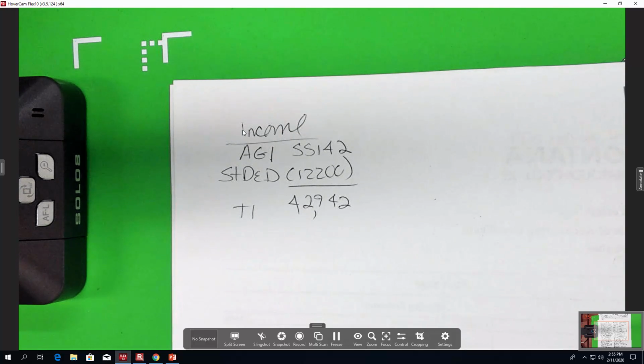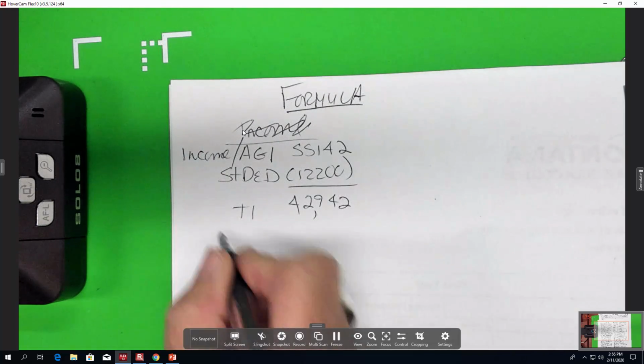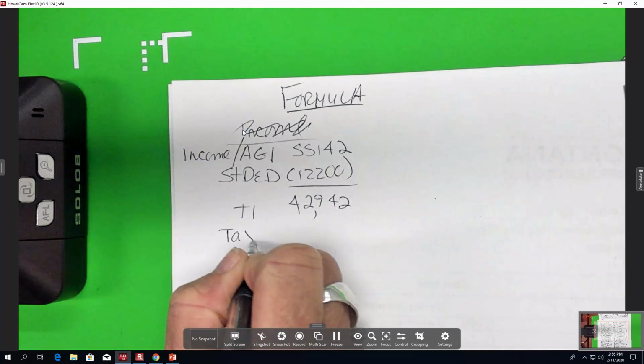So why did we not, after I subtracted the standard deduction, I also subtracted the $6,910 that she had in withholdings. No, we're not there yet. You have to wait to do that. Normally, you've got some adjustments, then we go calculate the tax.